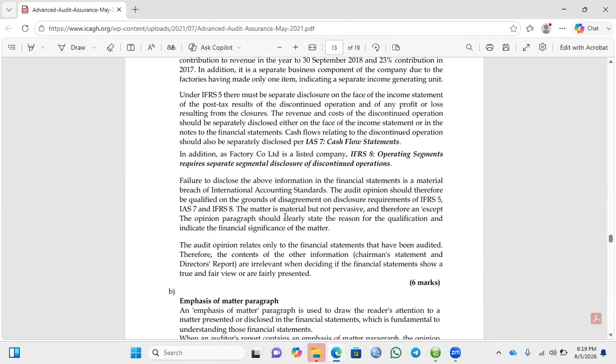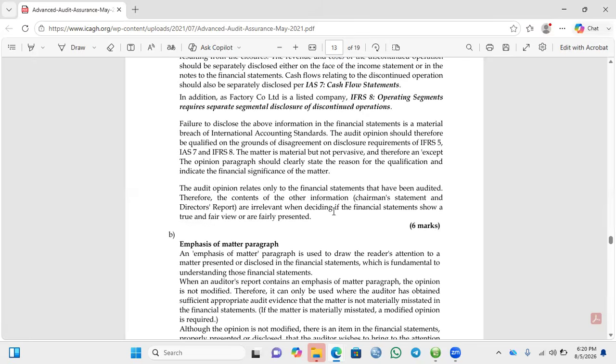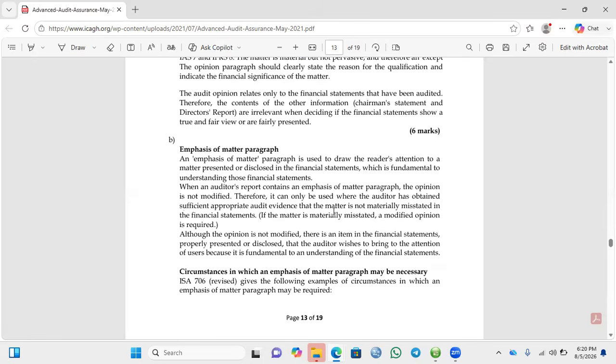So I say the matter is material but not pervasive, and therefore an 'except for' opinion. The opinion paragraph should clearly state the reason for the qualification and indicate the financial significance of the matter. So are they saying that the senior auditor is correct or not?